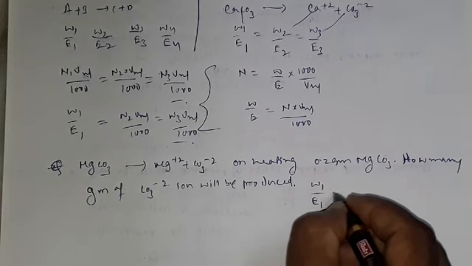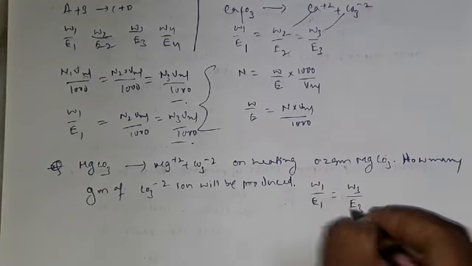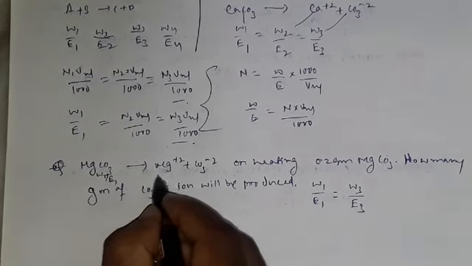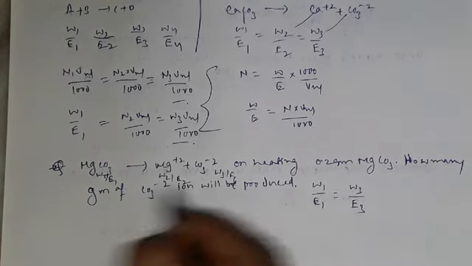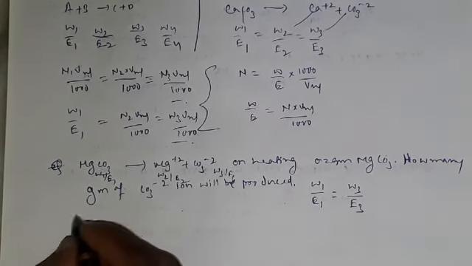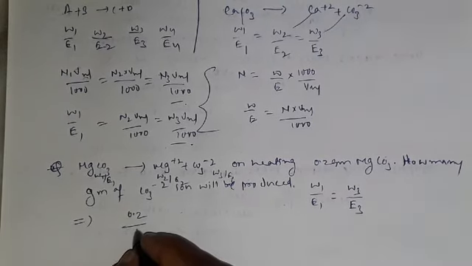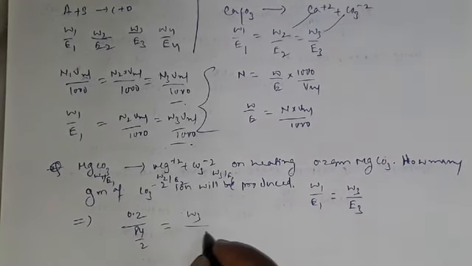Then how can you relate? W1 by E1 equals W2 by E2 equals W3 by E3, so you can equate it. This implies 0.2 by the equivalent weight of MgCO3, 84 by 2, equals W3 by CO3, which is 60 by 2.